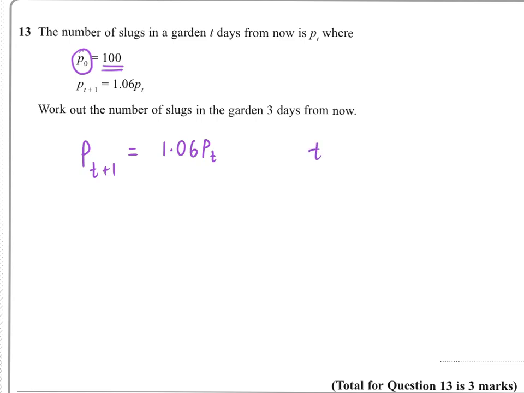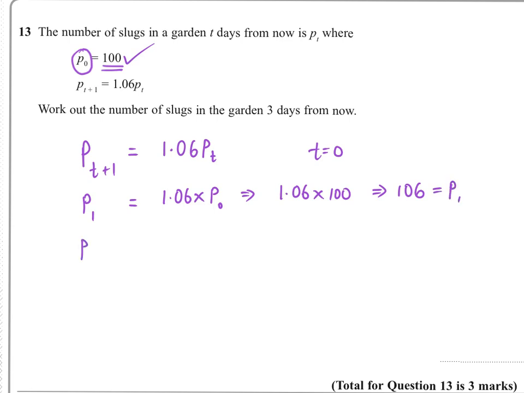So if we set t to be 0, then we'd have p1, i.e. the first iteration, will be 1.06 times p0, and that's okay because we know what p0 is. It's 100, which is given in the question. So that gives 106 slugs for p1.